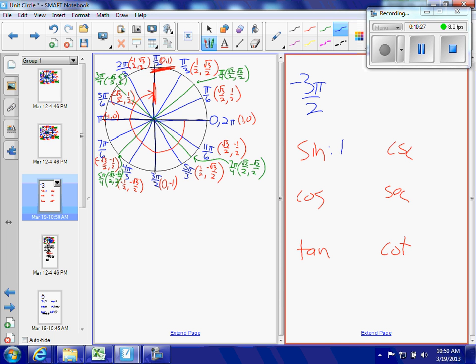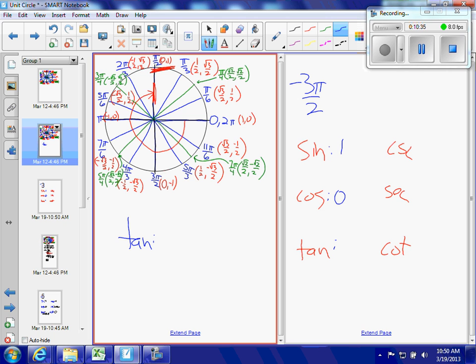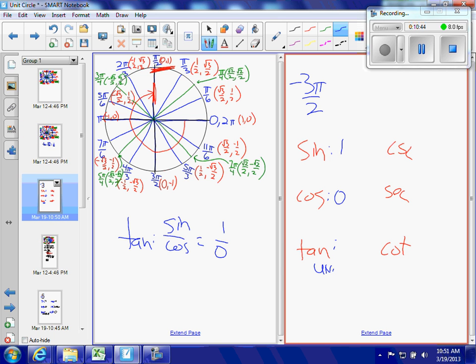Cosine is my x value. My x value is 0. Tangent is sine over cosine, which is 1 over 0, undefined. Cosecant, 1 over sine, 1 over 1 is 1.